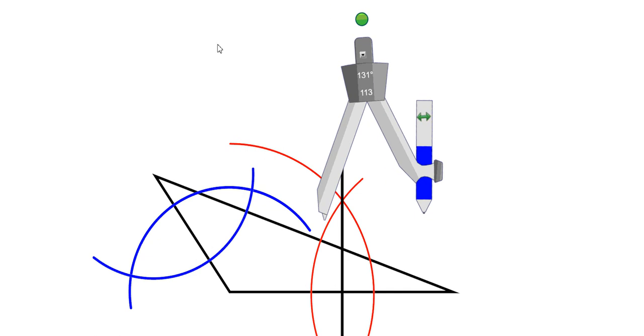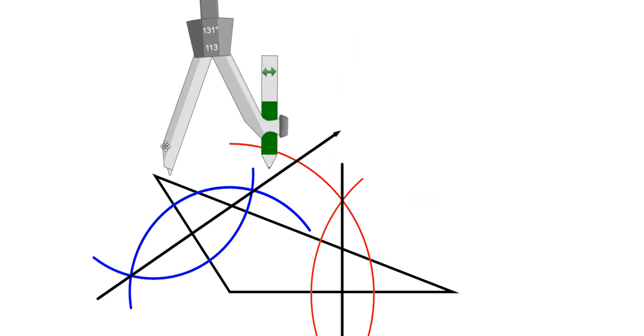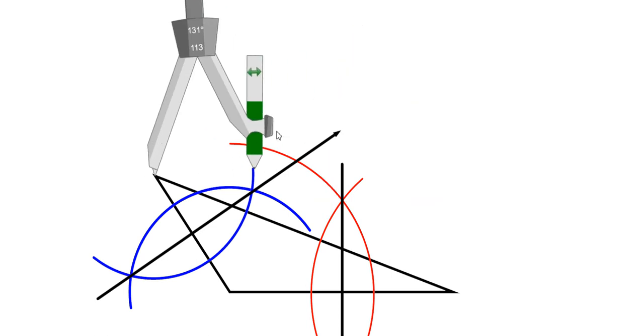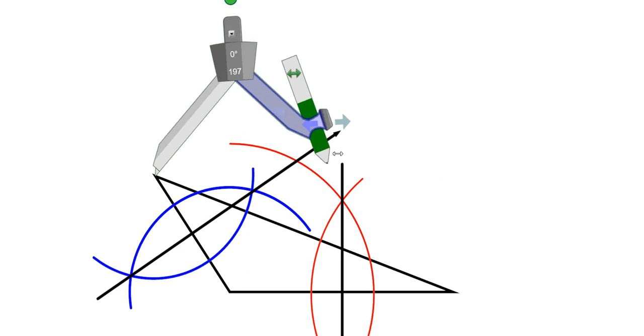And the perpendicular bisector goes through these two intersection points like so. Right, like that. And then the third segment, maybe we make this green. And then the third segment, we've got to open it up so it's past halfway.